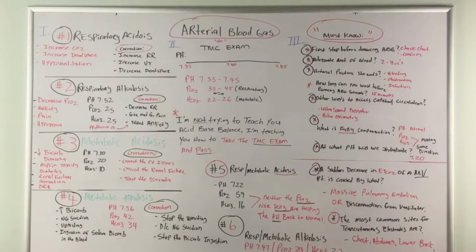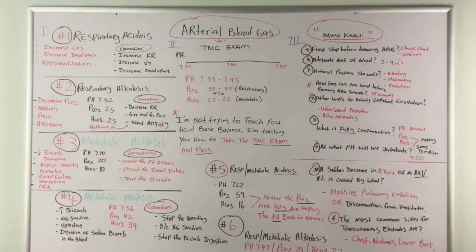You see the little line with the graph that I made, 7.40 in the middle that represents a normal pH, and to the left 7.35, which is acidotic, and 7.45, which is alkalotic. A normal blood gas pH is 7.35 to 7.45. A normal PCO2 is 35 to 45. And a normal bicarb is 22 to 26.